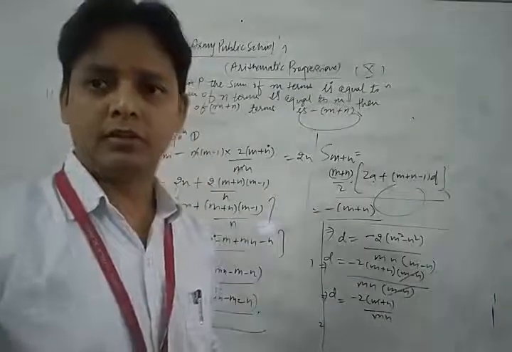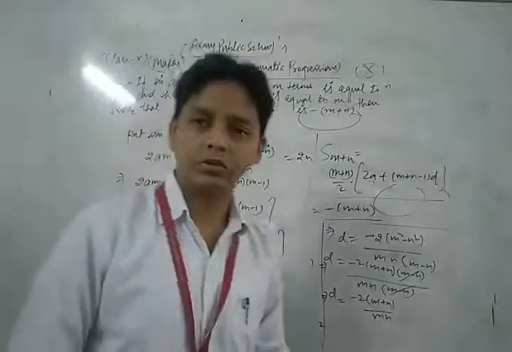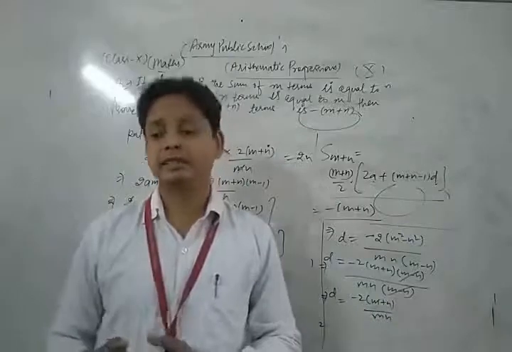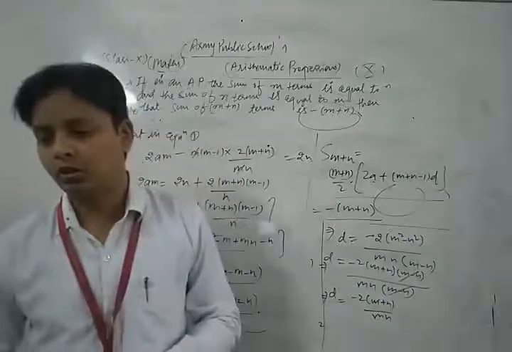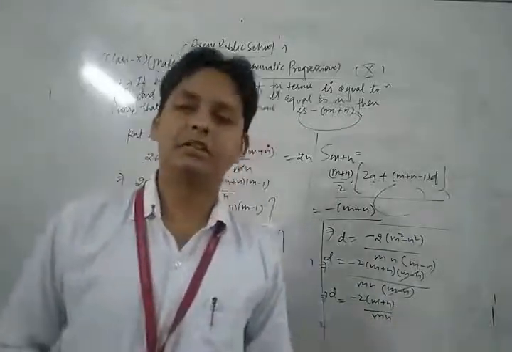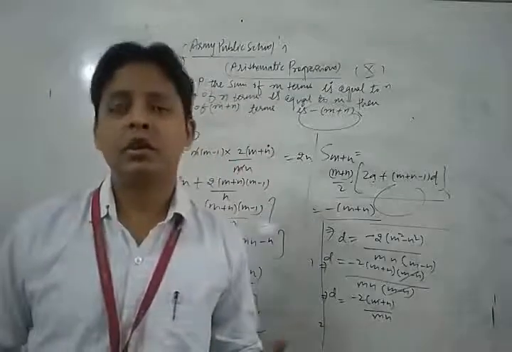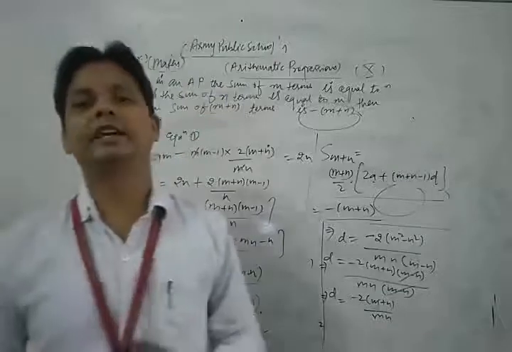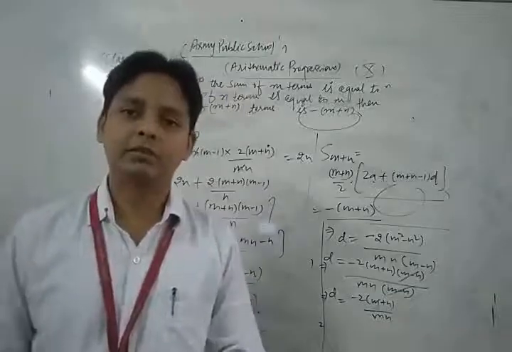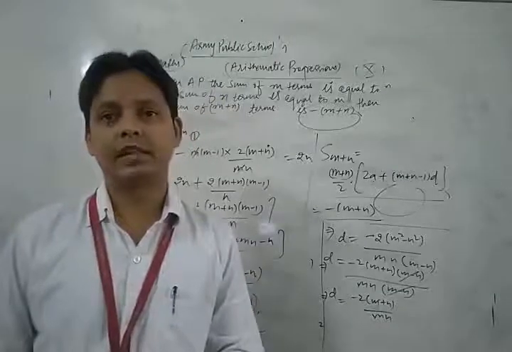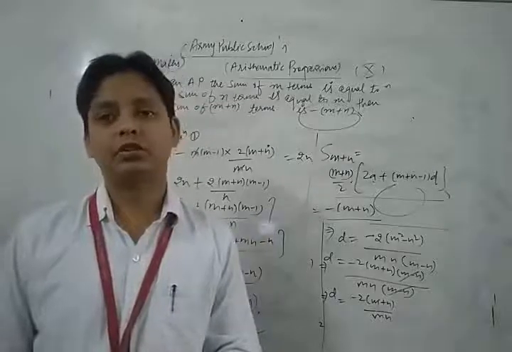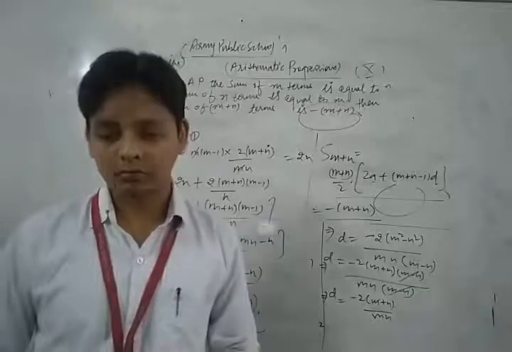Okay, dear students. Thus, in this way, in today's class, we took and discussed a very important chapter of your NCERT exam, which is arithmetic progressions, and in that class we discussed a very important formula to find the nth term when the sum of n terms is given, that is Tn is equal to Sn minus Sn minus 1, and we also took some important questions based on that formula.